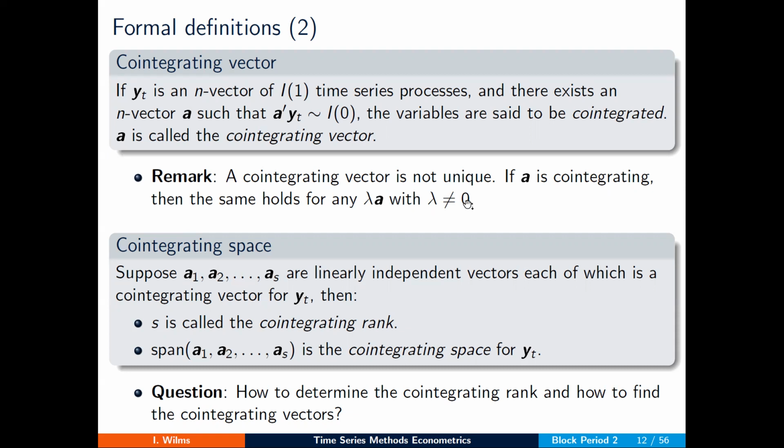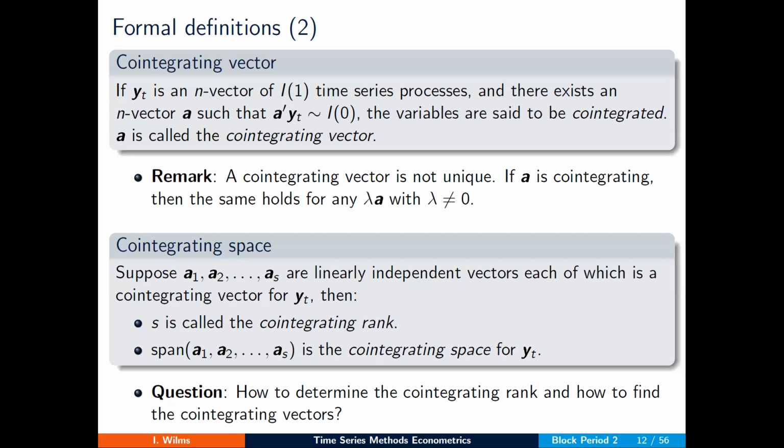So while the co-integrating vector is not unique, what is unique is the co-integration space. So what is this co-integration space? Well, first of all, note that we can have possibly several long-run relations between our series.